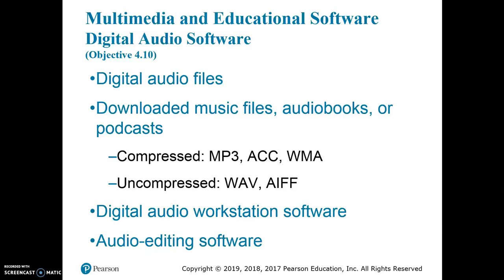Digital audio files. So like downloaded music files, audiobooks, or podcasts, you can actually store those on your computer. MP3 is the most common audio compression format. But there are other compressed formats like AAC, which is what iTunes uses, and WMA, which is what Windows Media Player uses. Okay. You might also see uncompressed audio files on your computer, such as WAV files.